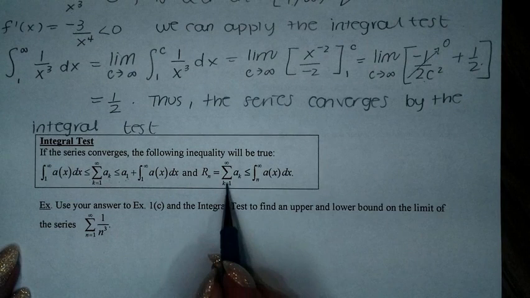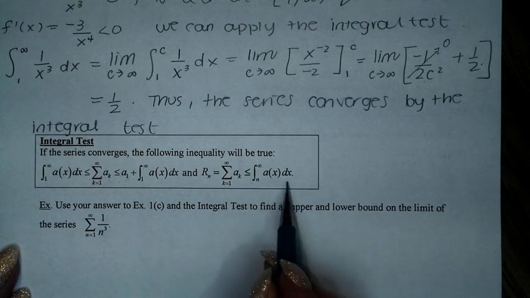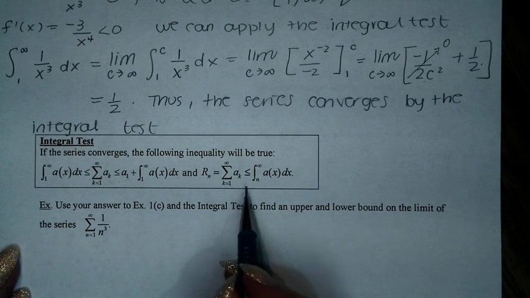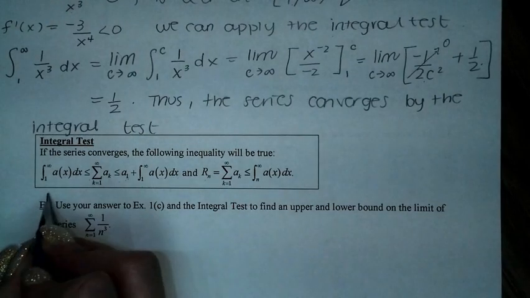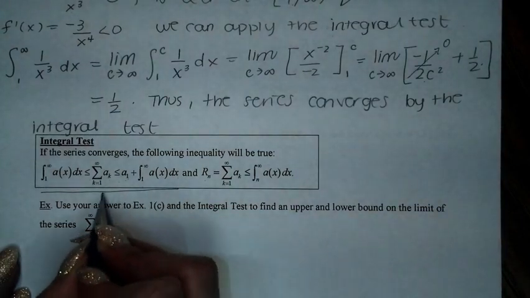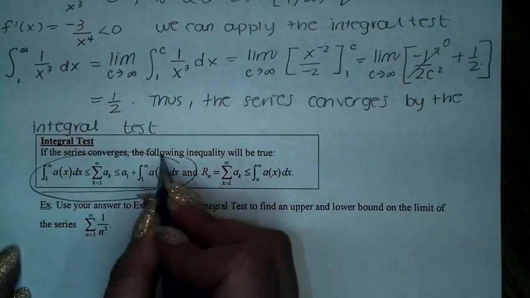And by the way, you have here the remainder that we're going to talk about later in life. That's what we call the r. But what we're going to focus on right now is this part.